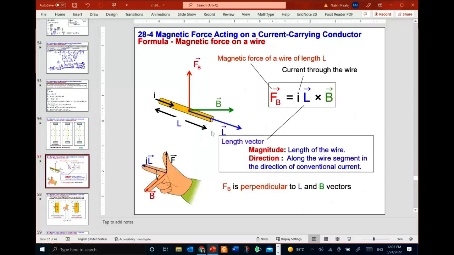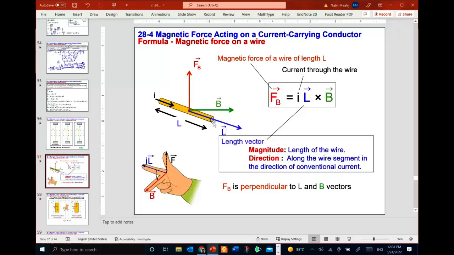If you have a wire of length L, we can define what we call the length vector L. The length vector has the magnitude of the length of the wire, and its direction is along the wire segment in the direction of the current.